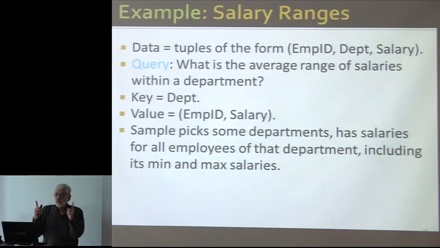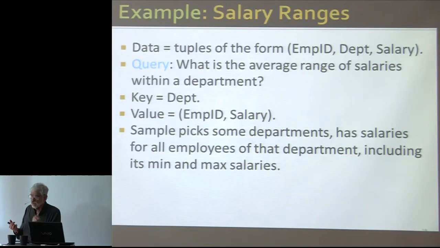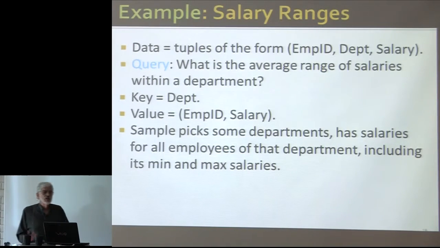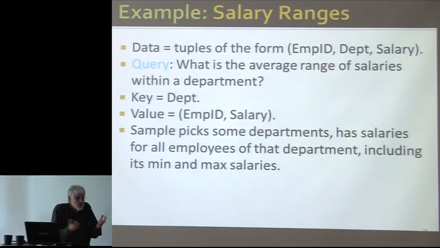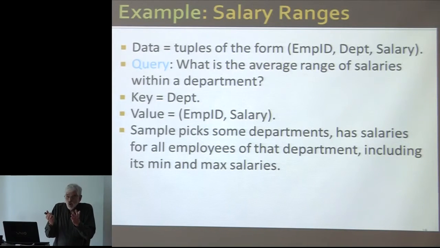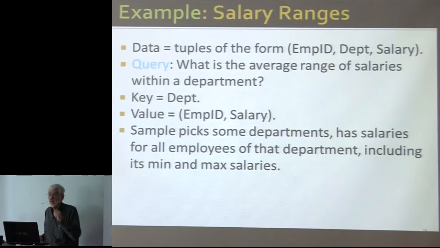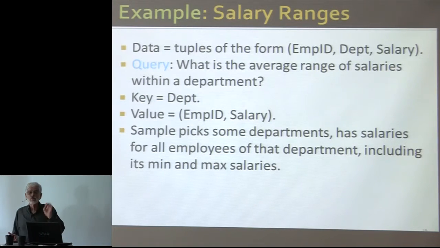That would be a narrower range than the true range for the toy department. So I'd be biasing the ranges for the departments in some mysterious way. I know it's too small, but there's no way for me to compute the correct value. Again, that's if I sample by position rather than by key.